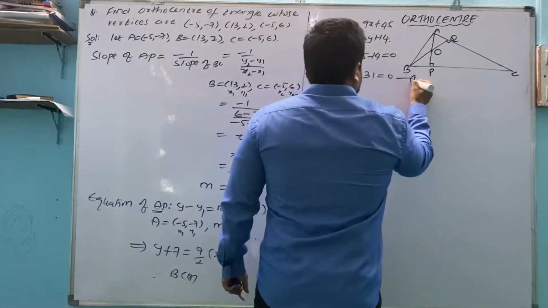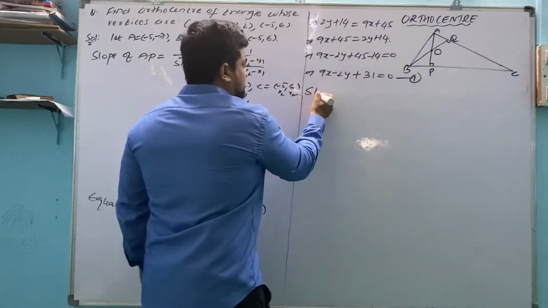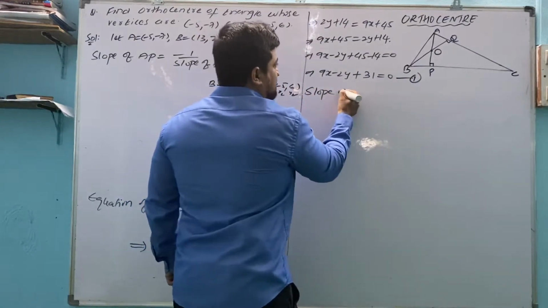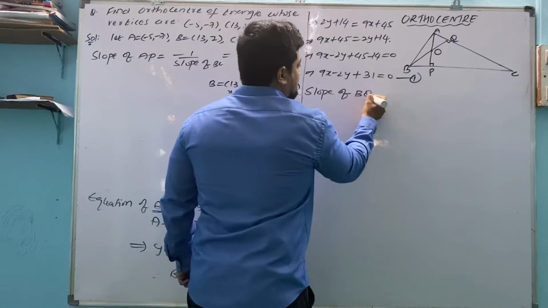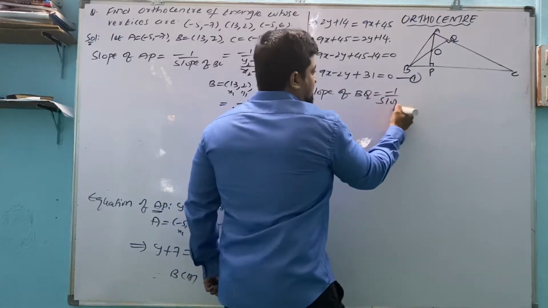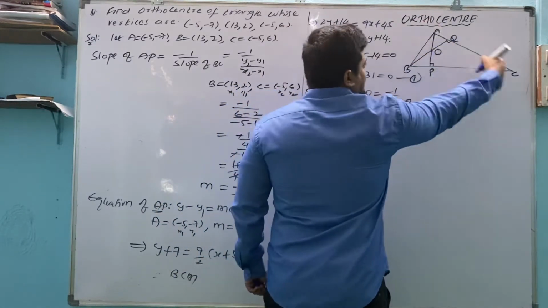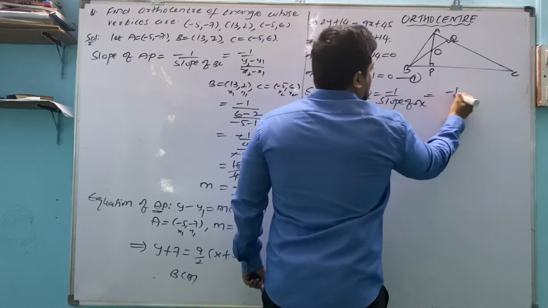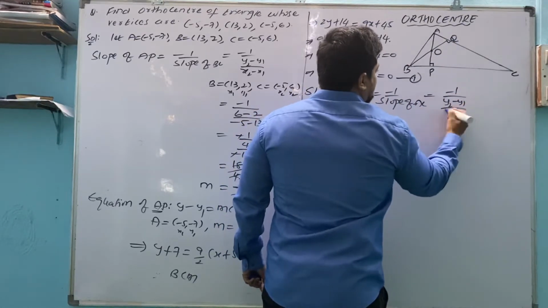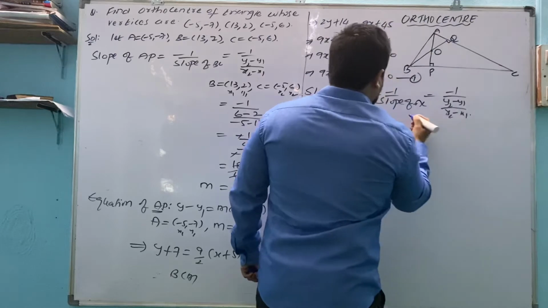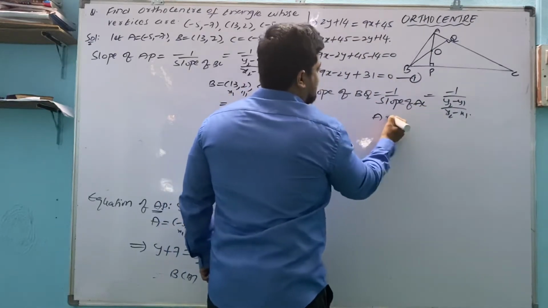Equation 1 is the AP equation. Now we have to find the slope of BQ. Minus 1 by the slope of AC, since BQ is perpendicular to AC. That is minus 1 by (y2 minus y1) by (x2 minus x1). Now we are finding the slope of AC.